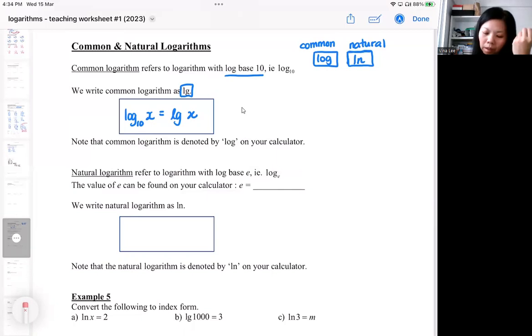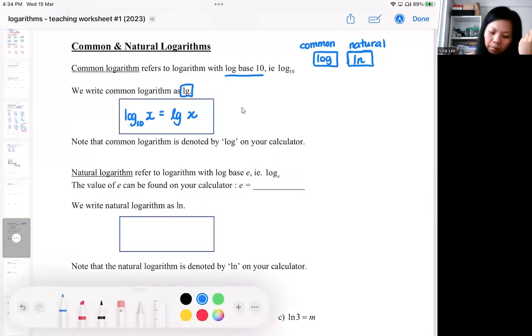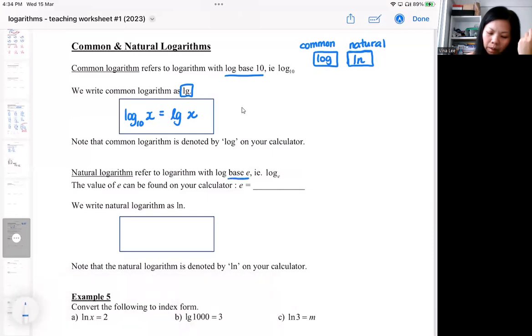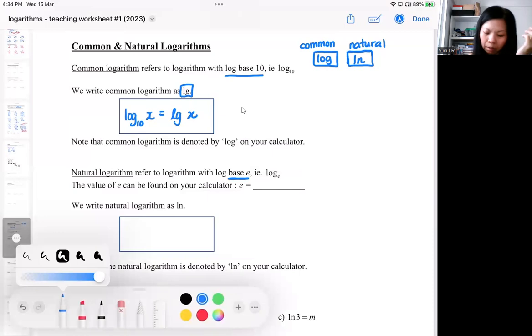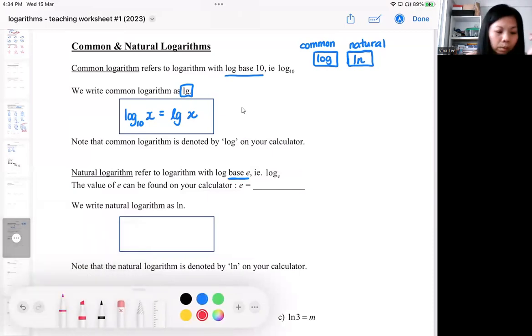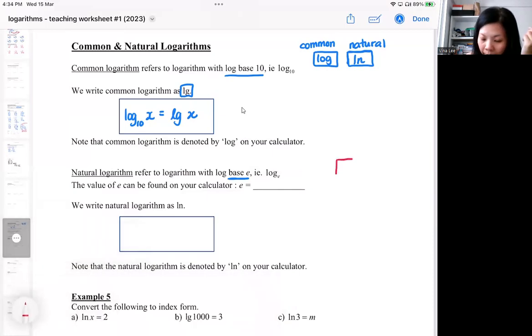Now, the natural log is actually a base E. Some of you may be thinking, I do not know what base E is. You will not know unless somebody tells you. So what is base E? Look at your LN, and on top of it you will see an EX function.